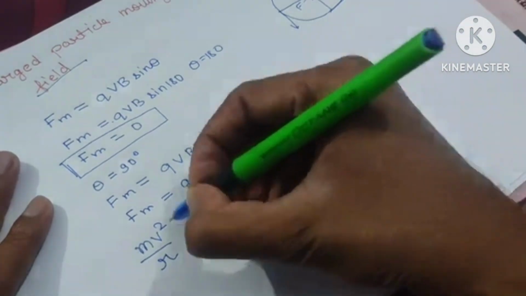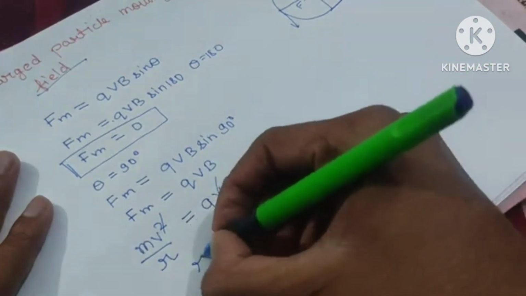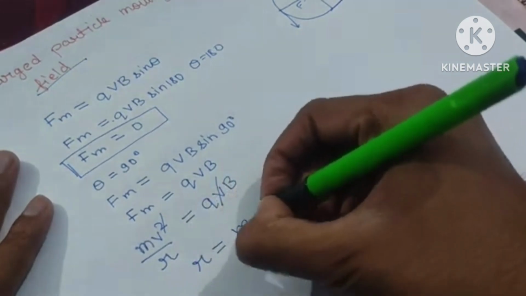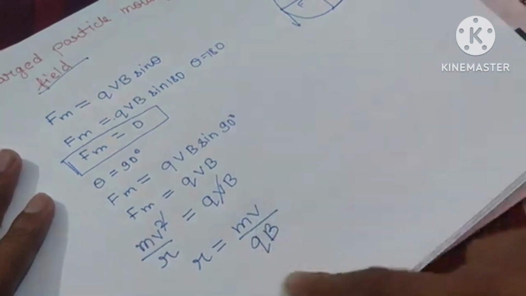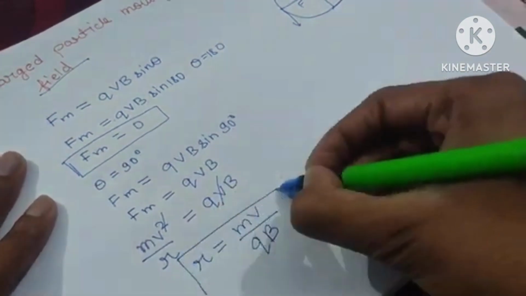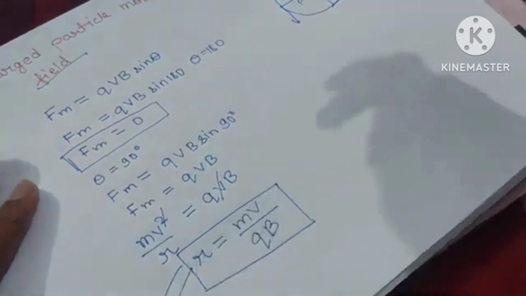Now cancel v from each side and shift the r here. So it will become r equals mv by qB. That's it, we found the r value.